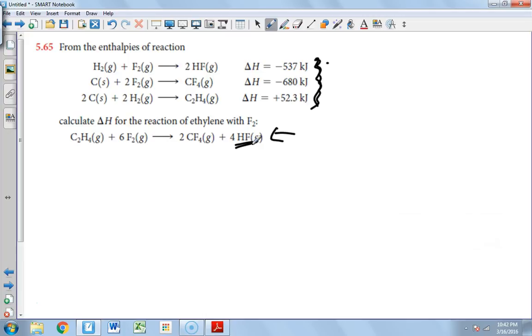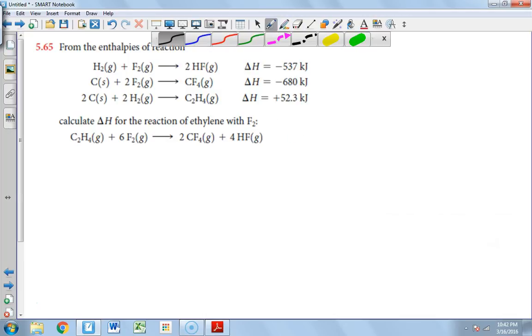Let's look at that first reaction; I underlined it so that you could see. We have 2HF. There's no HF anywhere else in any of the other reactions, but there's a little bit of a difference.